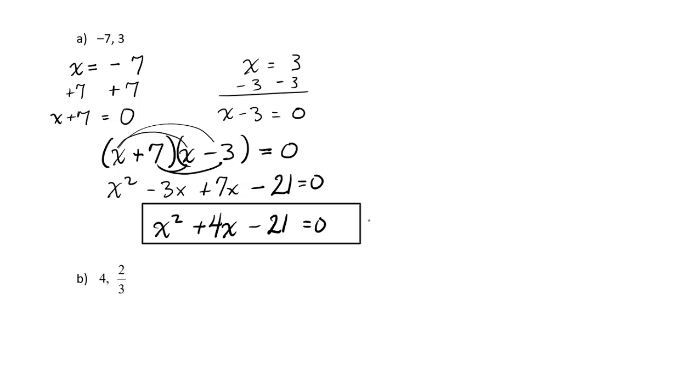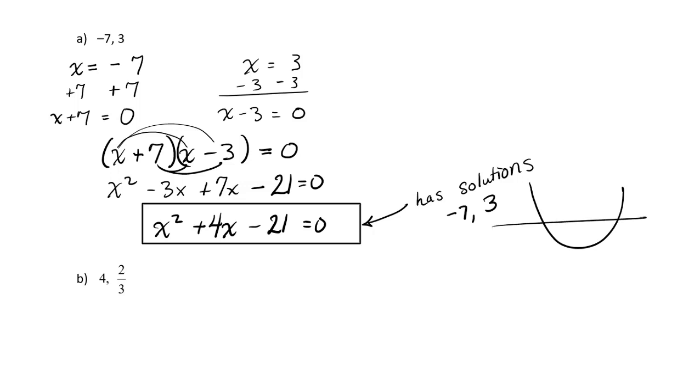So to recap, this quadratic equation has solutions -7 and 3. It's opening upwards, and so the intersections with the x-axis are at -7 and 3 as a parabola opening upwards.